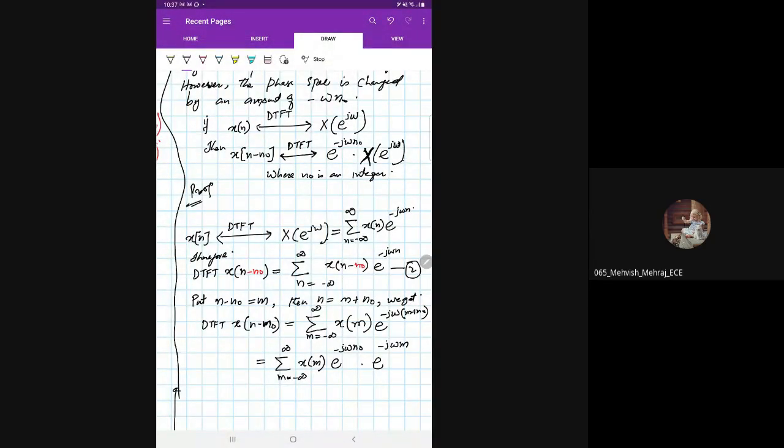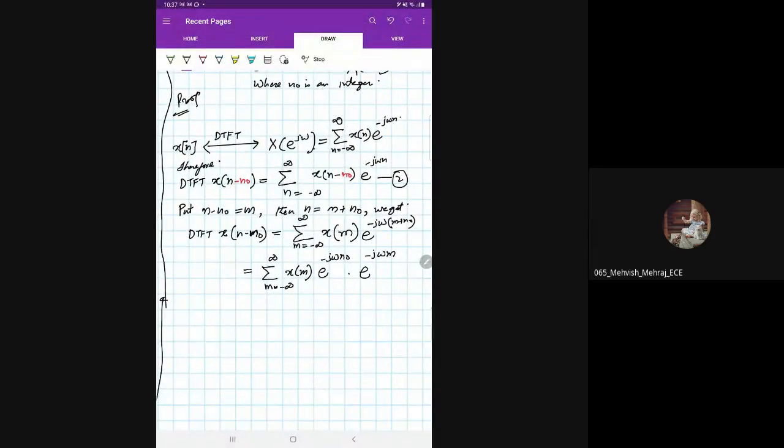So we have base, when bases are same, powers are added, so when powers are added we can separate bases also, okay. So further we can simplify it, it will be equal to summation of m equal to minus infinity to plus infinity x of m into e to the power minus j omega m, and we are left with this term now.